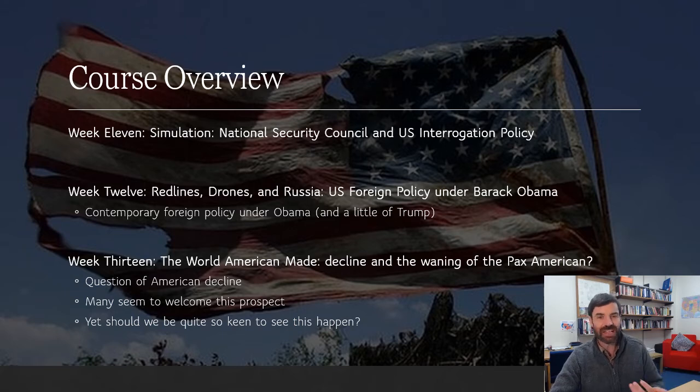In the simulation, each of you will be offering advice to the President on how he or she should proceed when confronted with a difficult choice that concerns the war on terror, national security and intelligence gathering, and one that pits morality, national security, international law and international opinion against one another.